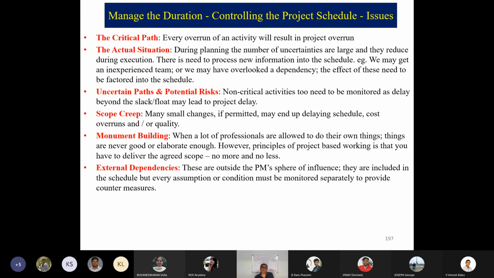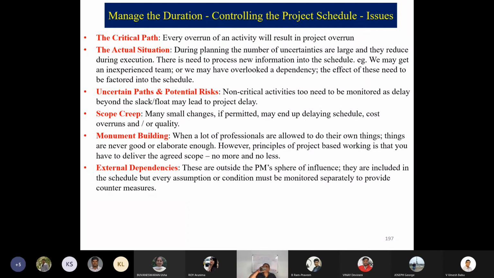For example, we may get an inexperienced team or we may have overlooked a dependency. The effect of these needs to be factored into the schedule. Uncertain paths and potential risks: non-critical activities too need to be monitored, as delay beyond the slack or float may lead to project delay.